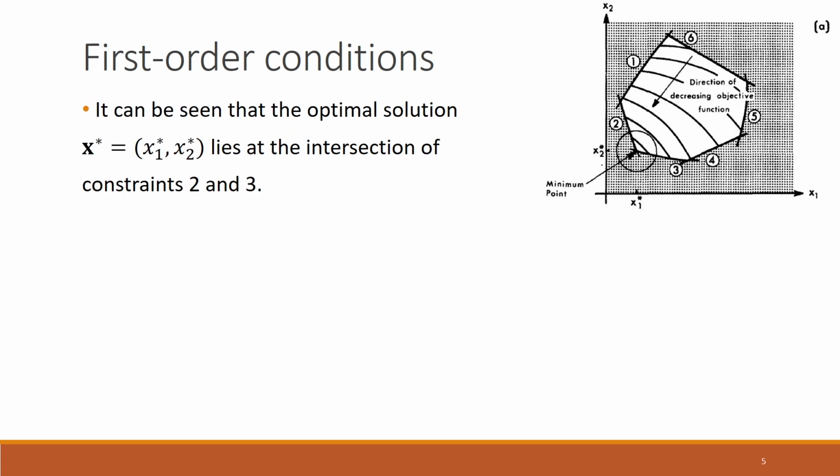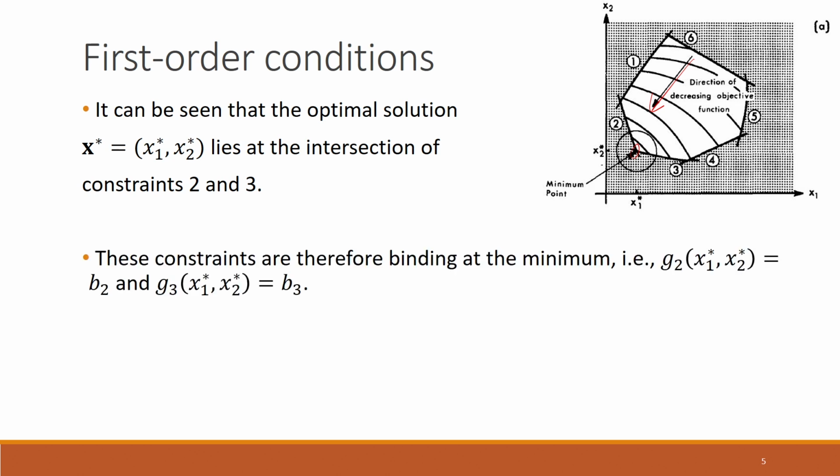Now since it is given that the objective function is decreasing in this direction, it is also known to us that the minimum point, or the optimal point, occurs at this intersection of the two constraints 2 and 3 here.